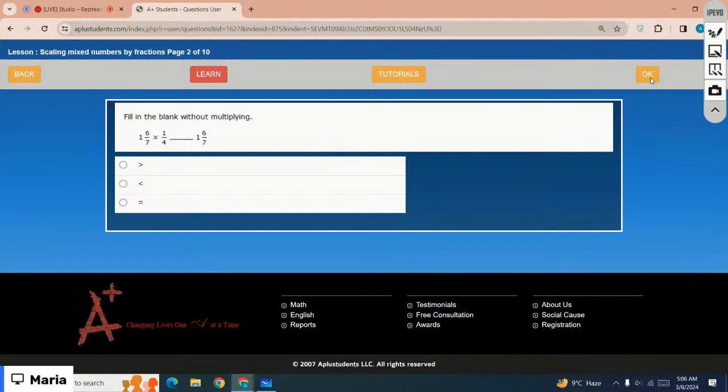Yes, the correct option is less than. 1 whole 6 by 7 times 1 by 4 is less than 1 whole 6 by 7.